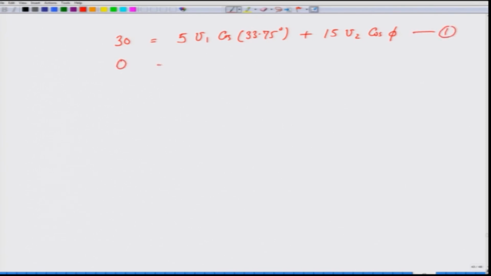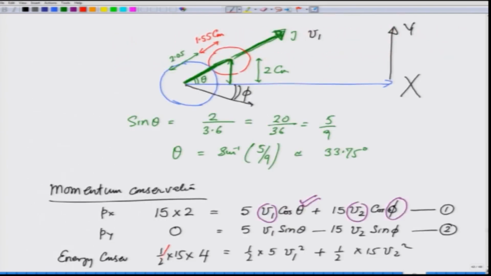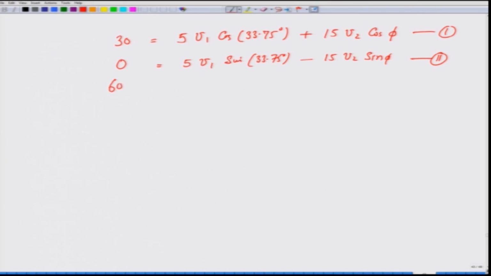I have 0 equals 5 v1 sine of 33.75 degrees, sine we have already calculated is 5/9 minus 15 v2 sine of phi. That is my equation number 2, and I have half cancels, this half cancels out here. So, I can write 60 equals 5 v1 square plus 15 v2 square. That is my equation number 3.